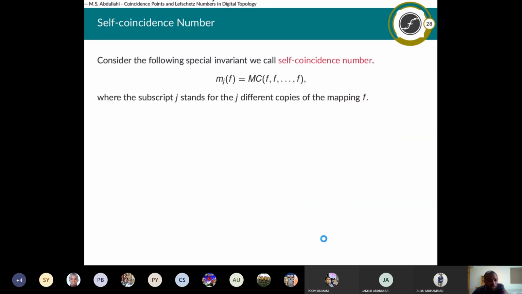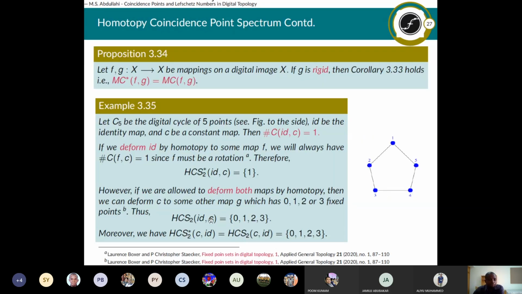So we can see that when we change the position, it matters, because here we end up having both of them the same, equal to 0, 1, 2, and 3. But in this case, we have one set equal to 1 containing only 1, and one set containing 4 elements.